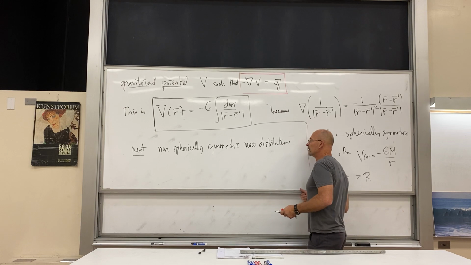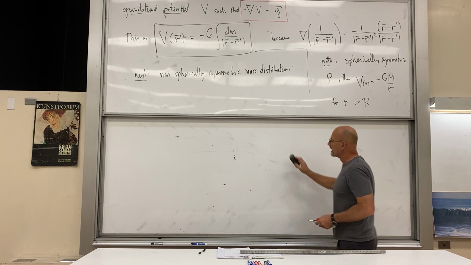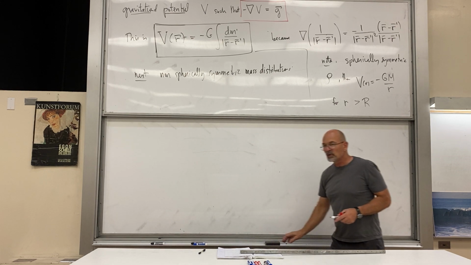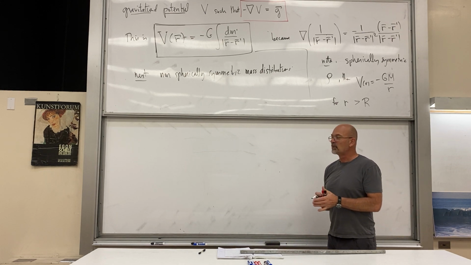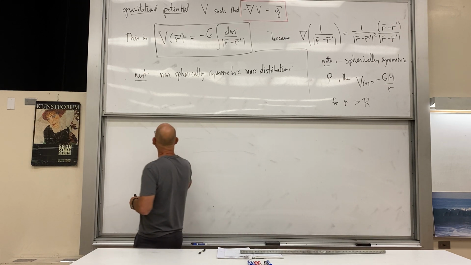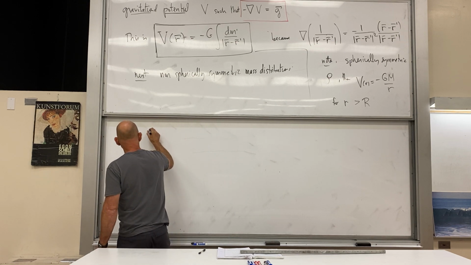Now we're going to go to some different mass distribution and find its potential. And our goal now is to get an approximation scheme. Okay. So we're doing a non-spherical symmetric mass distribution. What we're going to look at is the following.